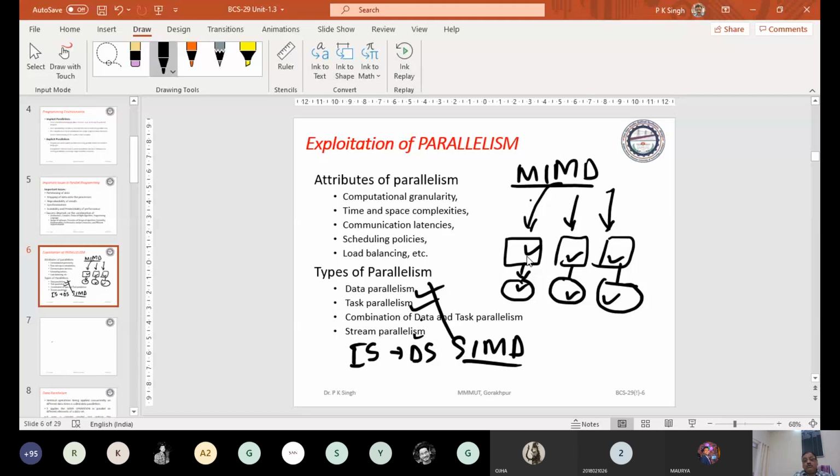If we introduce parallelism in these two streams, that is stream parallelism, and you get stream parallelism in the case of pipelining, superscalar execution, and super pipeline execution.